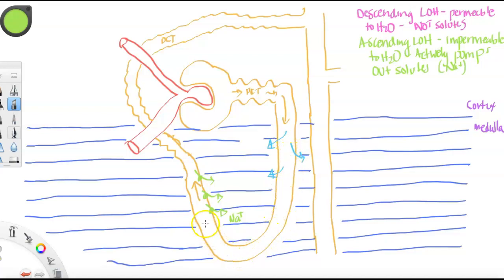And then as it makes the hairpin turn, the osmolarity is really, really high in the filtrate. And as it comes up here, we start pumping out those solutes, and the osmolarity goes back down, sorry. Okay, so it gets more dilute. So it gets really concentrated going down, and then less and less concentrated as it goes back up.